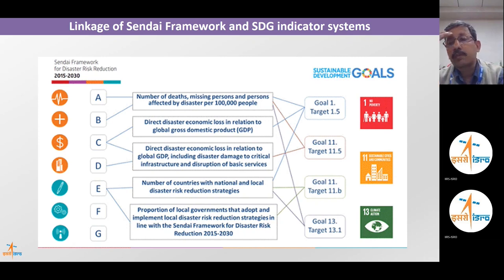So you see goal number 1, that is no poverty, goal number 11, sustainable cities and communities, goal number 13, climate action. All of them have the Sendai framework integrated into it.